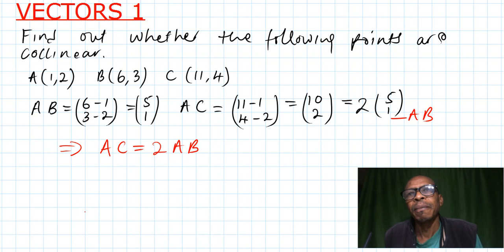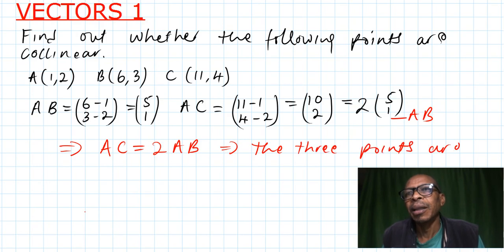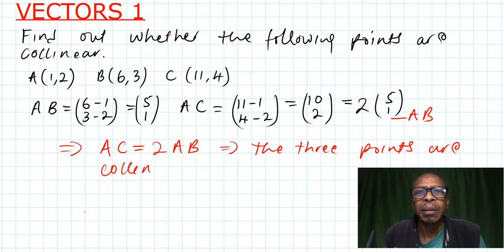So we conclude that the 3 points are collinear. Meaning, they lie on the same straight line.